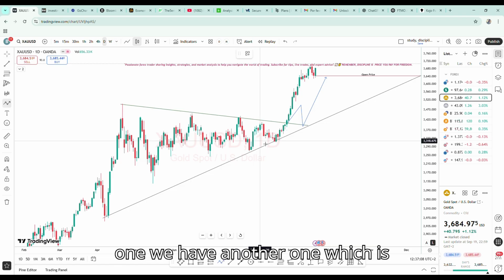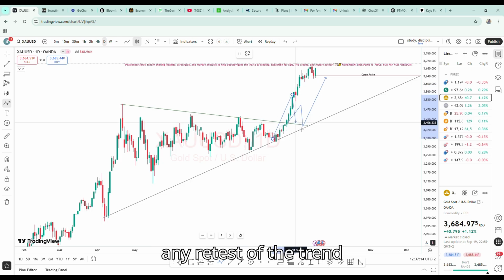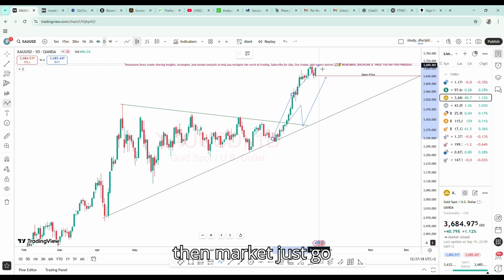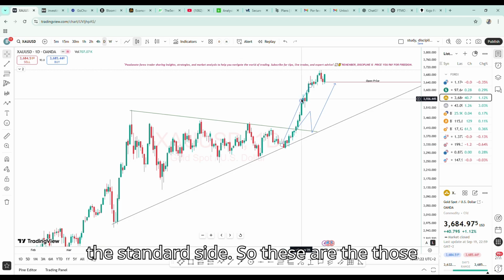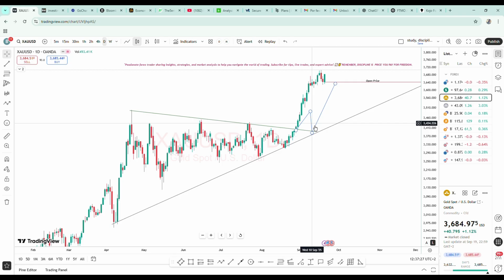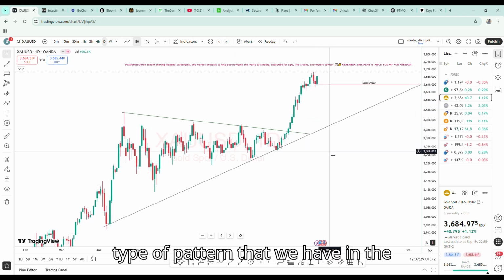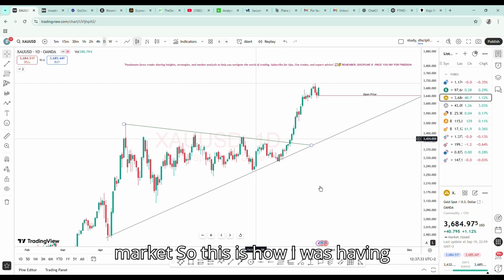Then we have another one, which is an immediate break without any retest of the trend line, and the market just goes impulsively to the upside, or to the downside. Those are the types of patterns that we have in the market. So this is how I had this before.